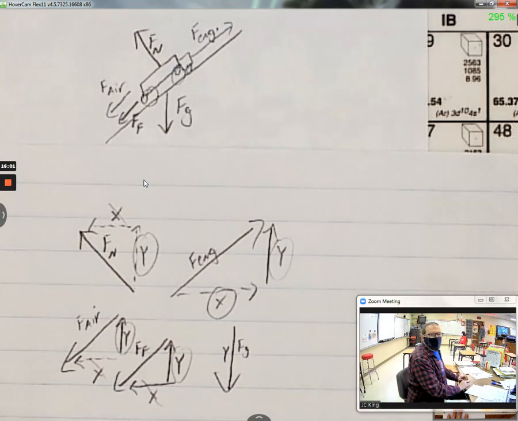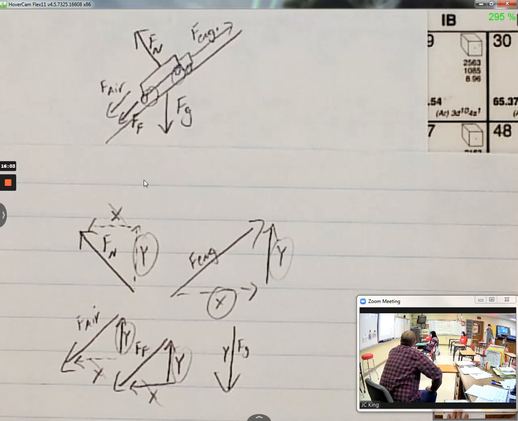So, now, if you were given the values for all of these, like it's using so many newtons of force at an angle going up this way, and gravity is pulling with this many newtons based on the mass, and normal force is going to be this many and stuff like that, you could trig your way into finding any of those x's and y's that were missing if you knew the rest of them.